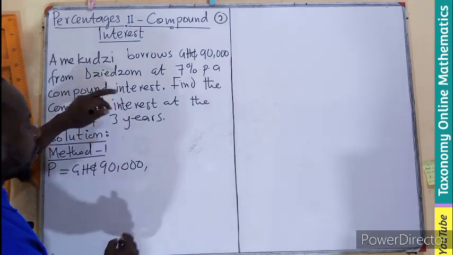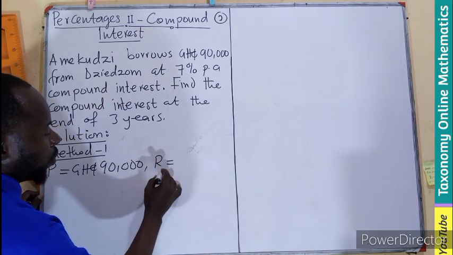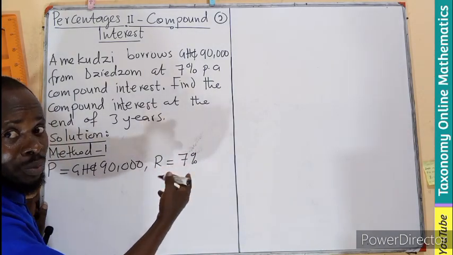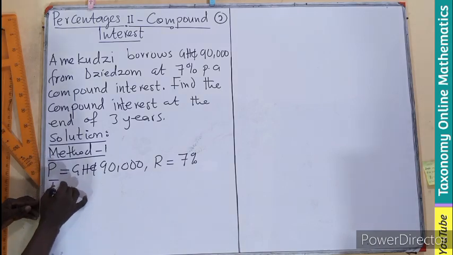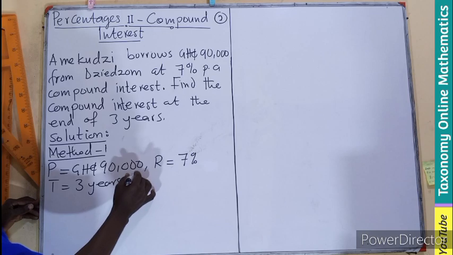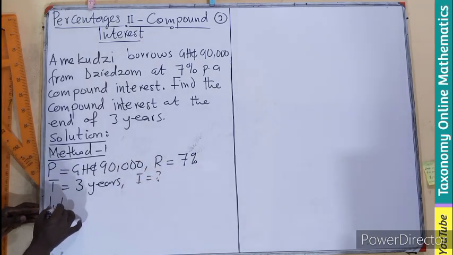What is the rate? The rate, let me use R in this case also, is going to be 7%, which could be 7 out of 100. Then T for time, and that will be 3 years. So we are asked to find the interest.